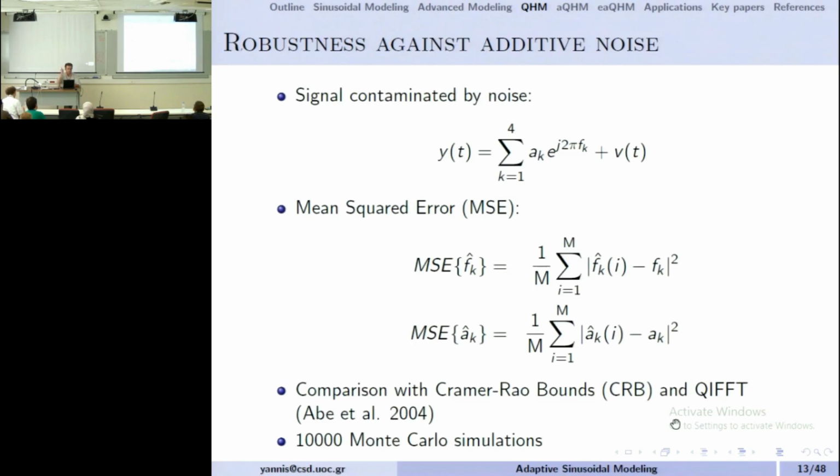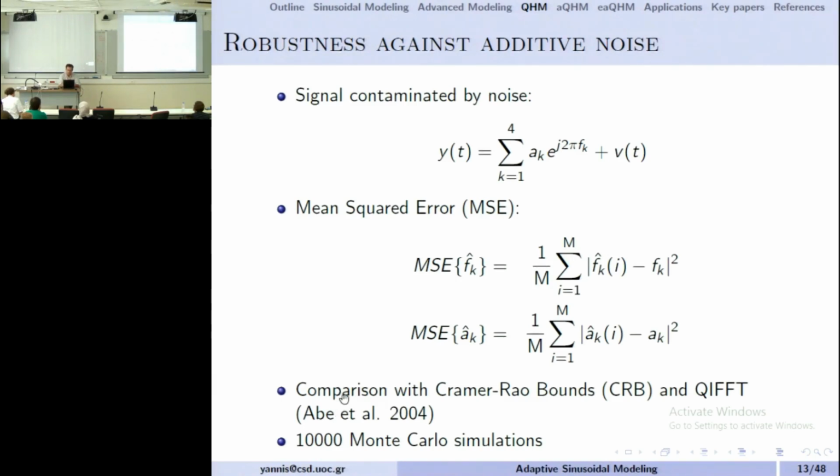Now, what about robustness against additive noise? For instance, now we have 4 components, not 1, and we add noise. Then we measure the mean squared error in terms of frequencies and amplitudes in this way. Of course, now we don't have analytical solutions, but we can rely on Monte Carlo simulations to get estimations of frequency and amplitude.